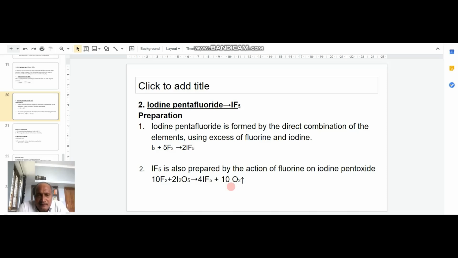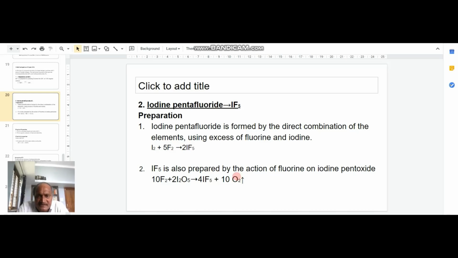That is, when 10 moles of F2 is treated with 2 moles of iodine pentoxide, it forms 4 moles of iodine pentafluoride with the liberation of oxygen.